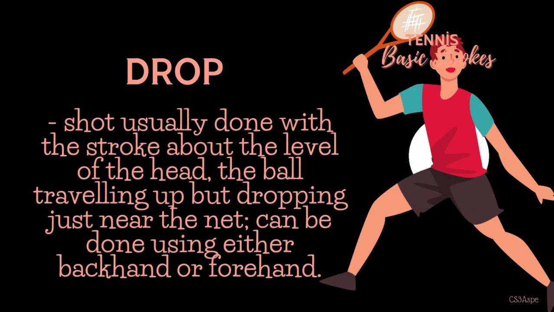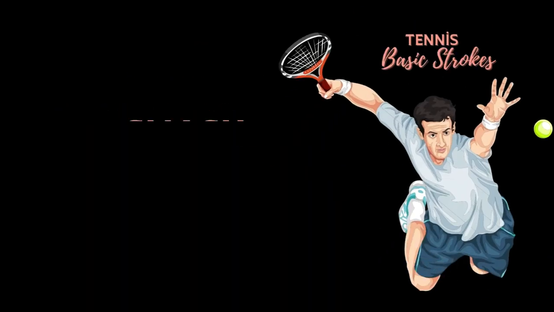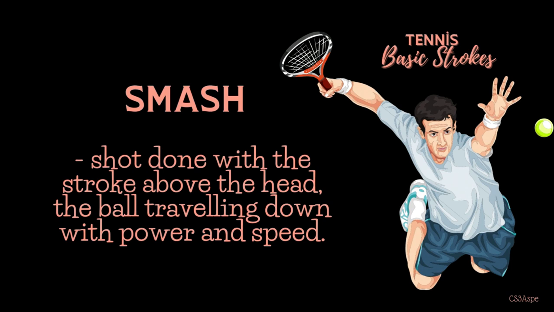Drop. Shot usually done with the stroke about the level of the head, the ball traveling up but dropping just near the net. Can be done using either backhand or forehand. Smash. Shot done with the stroke above the head, the ball traveling down with power and speed.